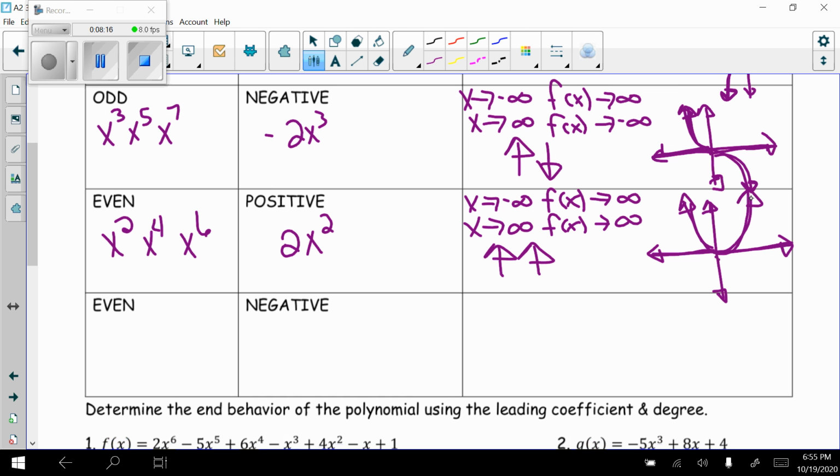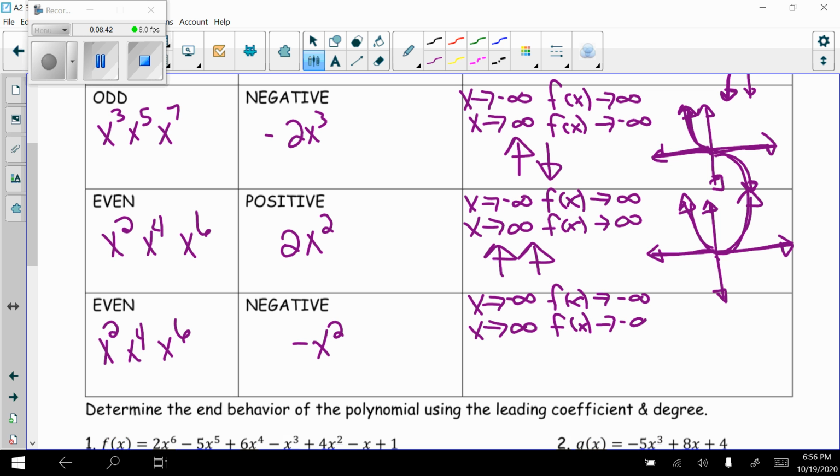And then the last one, if my degree is even, so again, x squared, x to the 4th, x to the 6th, and it's a negative leading coefficient, so like negative x squared, and it takes the one above it, and it just changes the y's. So as x approaches negative infinity, f of x also approaches negative infinity. As x approaches positive infinity, f of x approaches negative infinity.